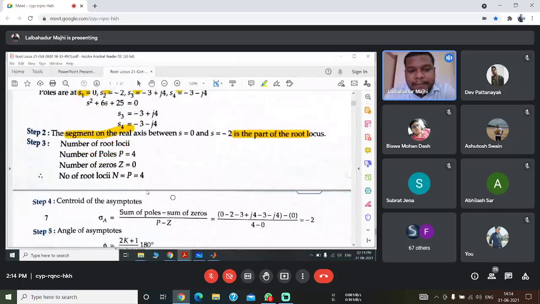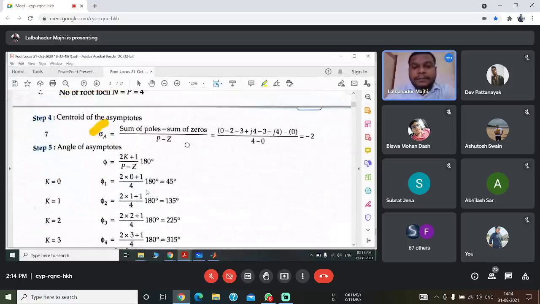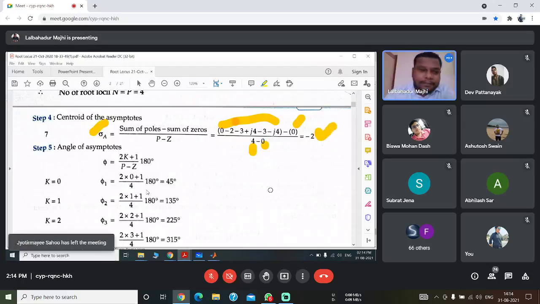Next step is to calculate the centroid of the asymptotes: the summation of poles minus the summation of zeros, divided by number of poles minus number of zeros. We have no zeros, and the number of poles is 4, so we are getting -2 as our centroid.